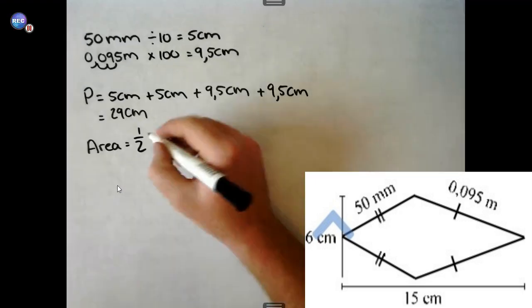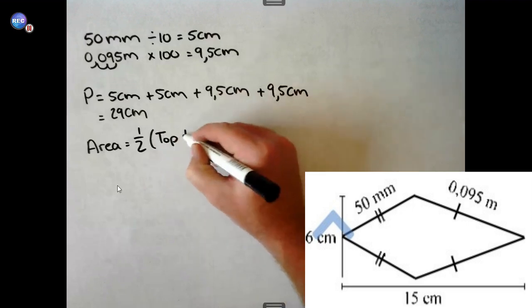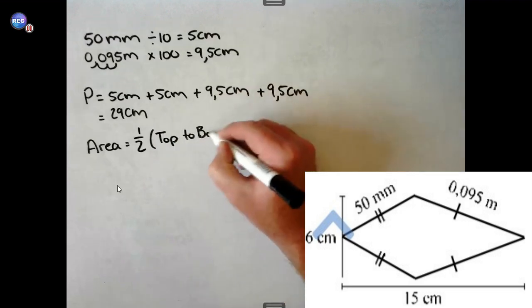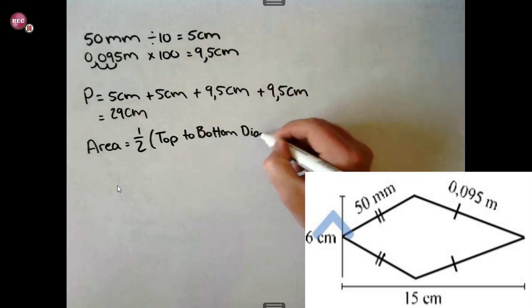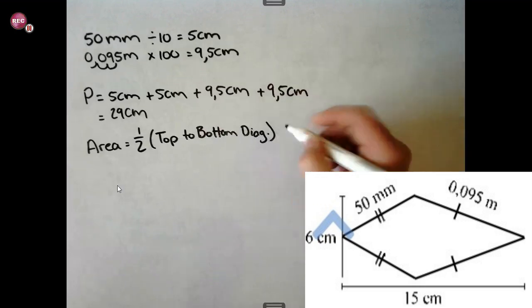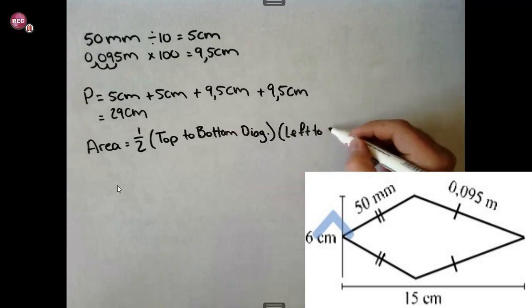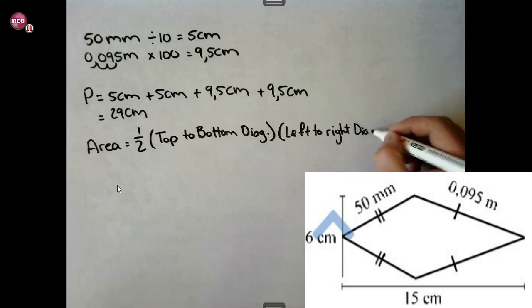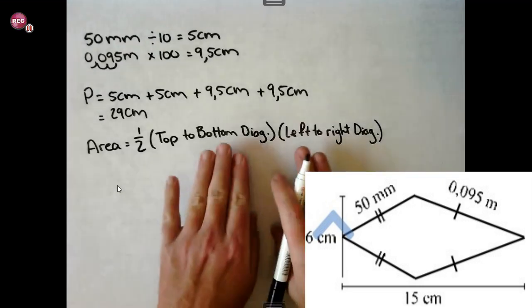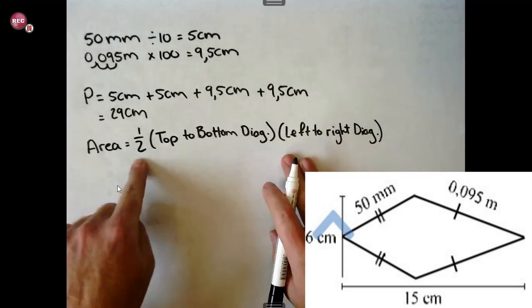So you multiply the top to bottom diagonal with the left to right diagonal. So you basically multiply the 2 diagonals together. That's the easiest way to do it. And then you multiply it by half.